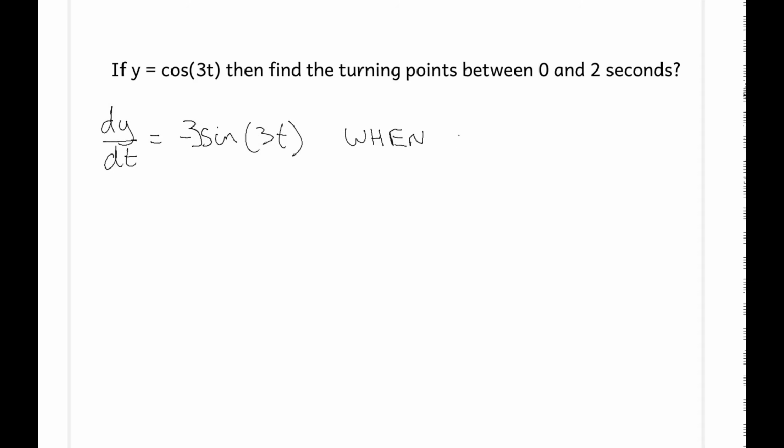So when minus 3 sine 3t equals 0, same thing again, I divide through by minus 3, so I've got sine 3t equals 0.